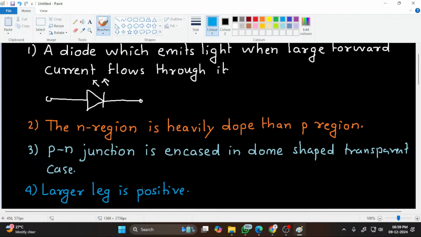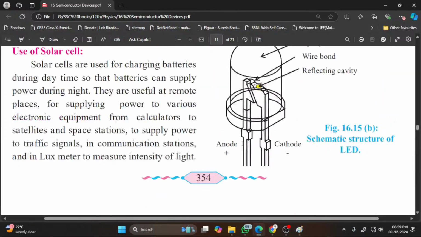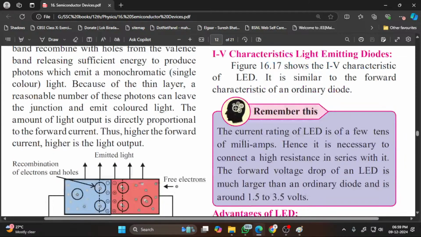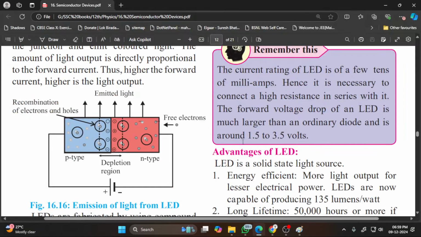So then the working of LED, how does the LED work? LED काम कैसे करता है? Let us see. Figure 16.16 here gives the working of LED.